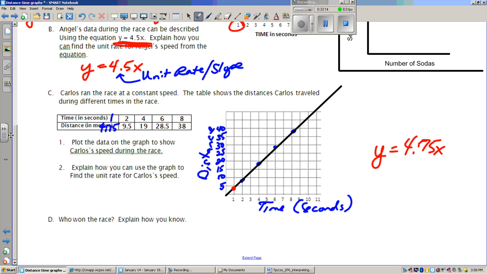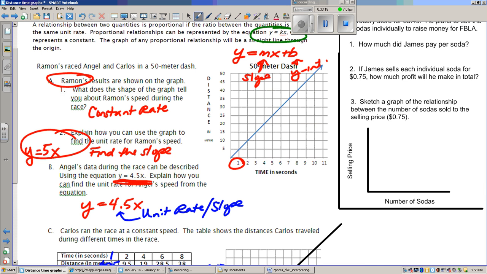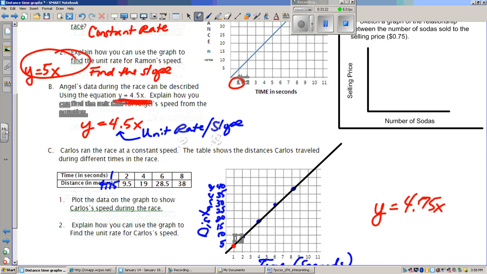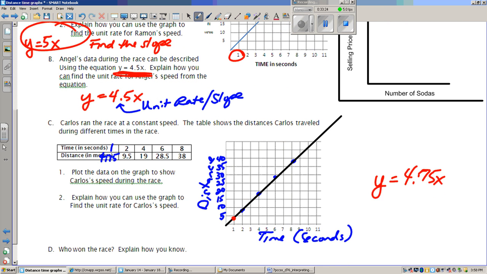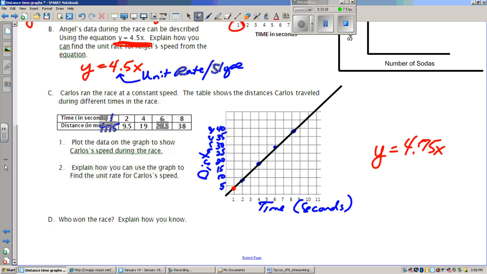So who won the race? Hopefully you said Ramon won, because his unit rate is higher, his slope is higher. If we graphed all 3 of these, his line would be steeper than Angel's and Carlos's. So who won the race? Ramon.